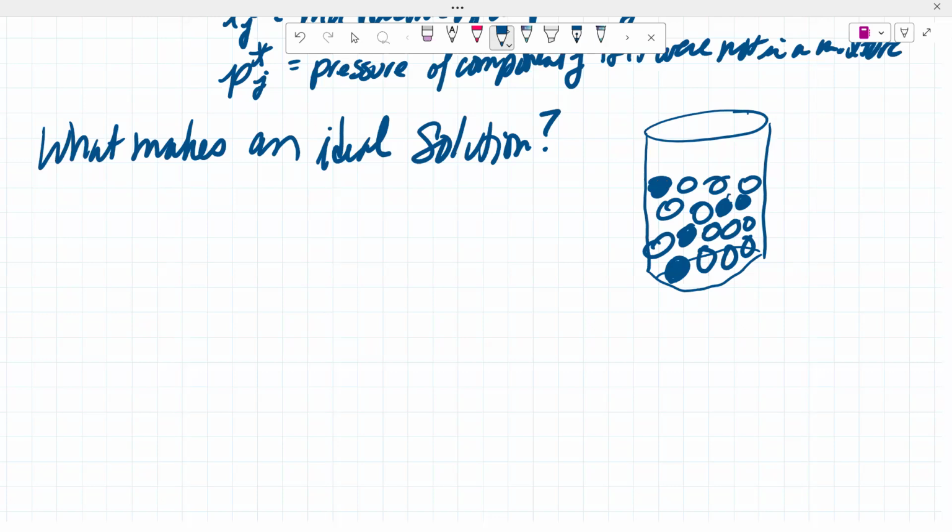What about this? Say two types of molecules, one that's filled in and one that's not. Types of molecules are distributed randomly throughout the solution.